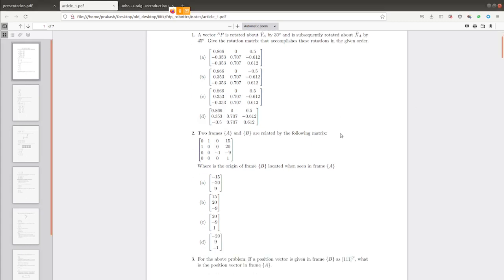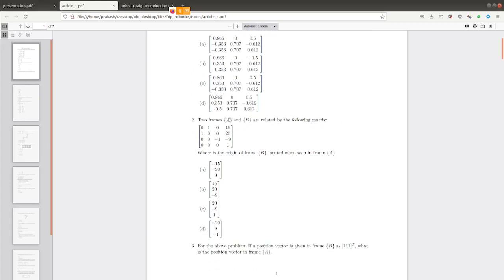Let's see. Two frames A and B are related by the following matrix, the homogeneous transformation matrix TAB. Where is the origin of B with respect to A?